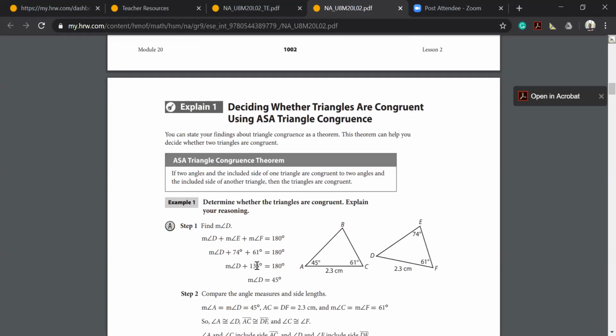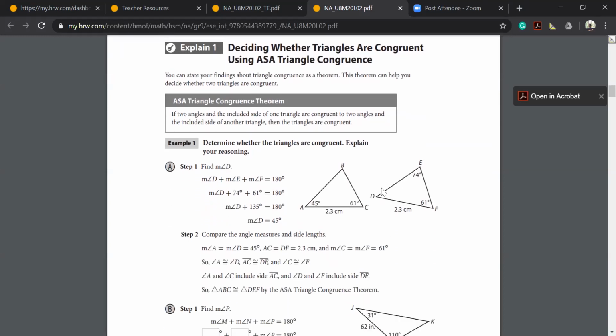Adding them together gives 135, and then I shift 135 to the other side. I found measure angle D to be 45. So the angle here now is 45.